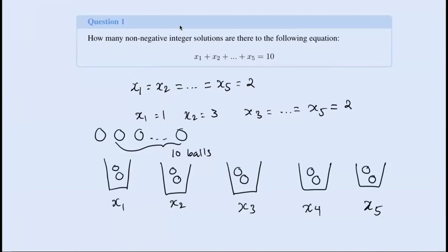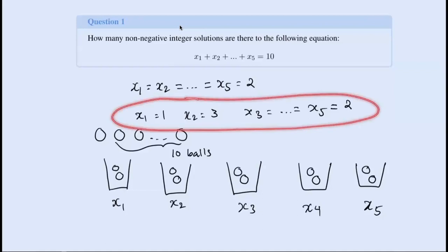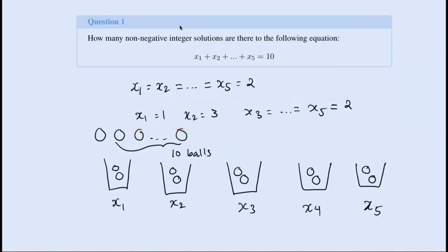Yes, and then, for example, if we are talking about this way of distribution, where x1 is 1, so x1 only has 1 ball inside it, but x2 equal to 3 means that inside x2, we will have 3 balls. And from x3 to x5, we will have 2 balls each.